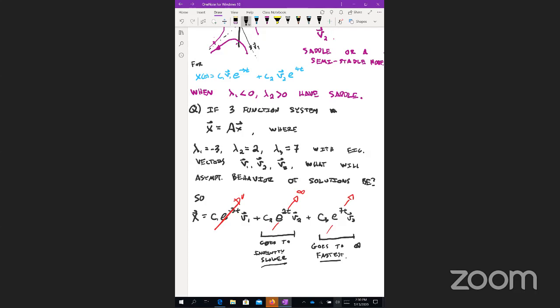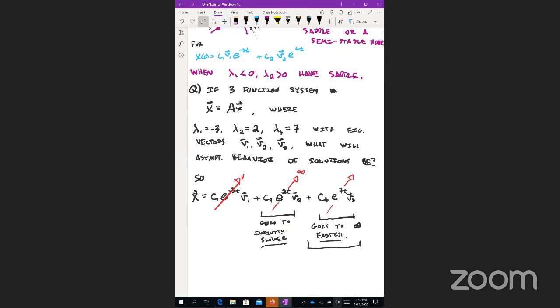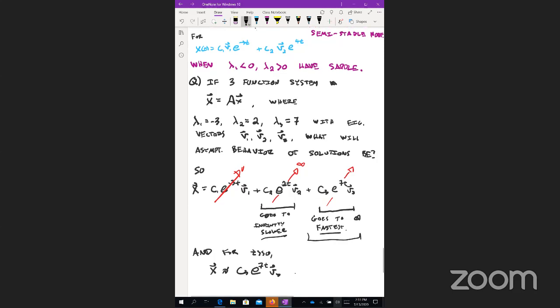But what will eventually happen, and it could take a very, very long time, especially given what C2 and C3 are, is that this guy is going to dominate. And for very large t, x is going to be approximately C3 e to the 7t V3.